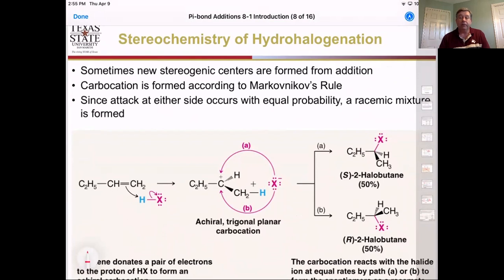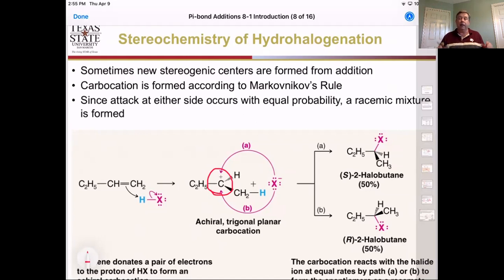And the whole reason it forms a racemic mixture is that our intermediate is this carbocation, which is trigonal planar. Now, the incoming halide can come in from the top, forming one isomer. In this case, it would form the S-halobutane. And if it comes in from the bottom, it'll form the other isomer, which in this case would be the R-halobutane.